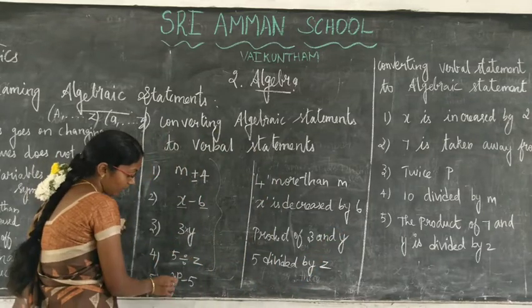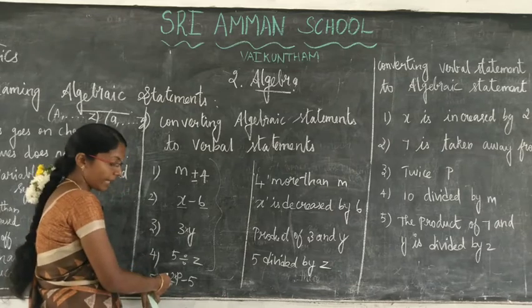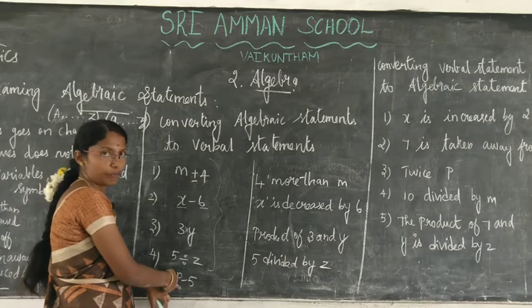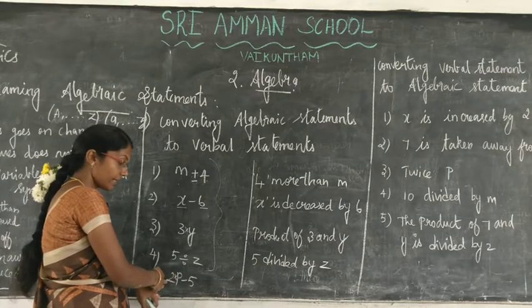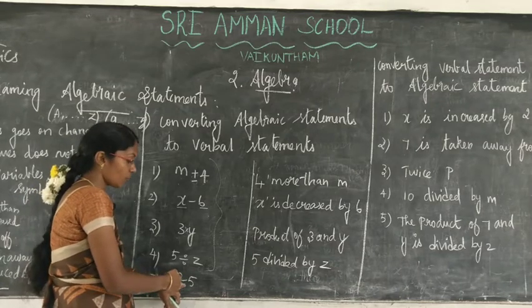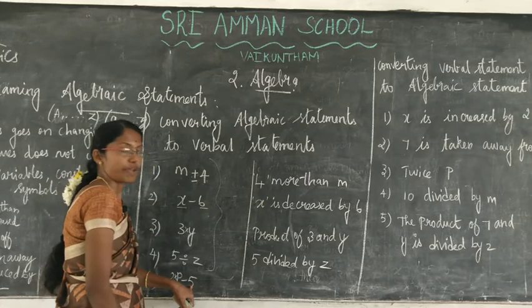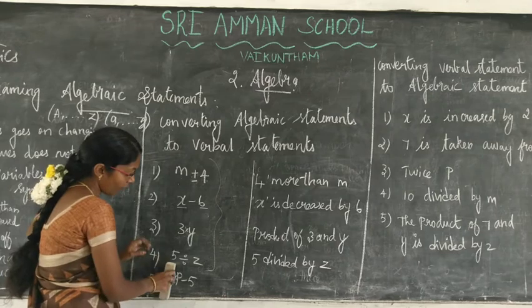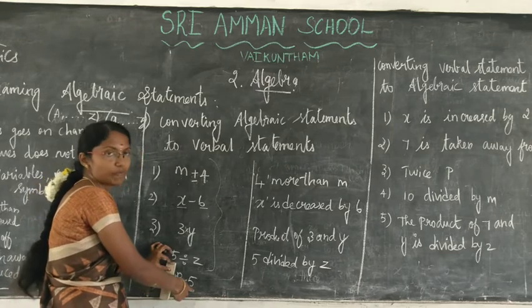Next one, see here, multiple. We can write it as twice of p. How will you write twice of p reduced by or decreased by 5? If 2 is not given, you write p is reduced by 5.